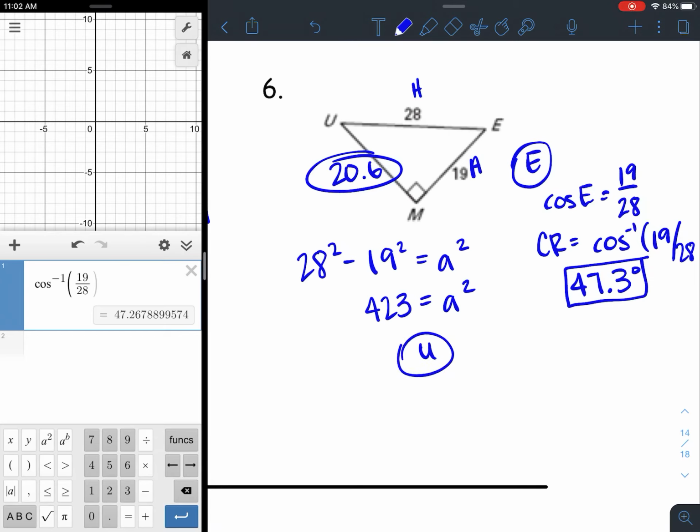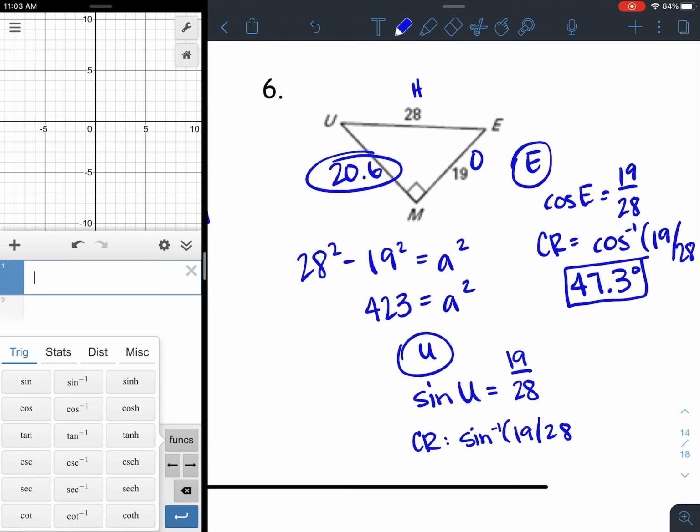So if I want to find angle U, now I've got the opposite and the hypotenuse, so I'm going to use sine. The sine of angle U is equal to the opposite, 19, over the hypotenuse, 28. And calculator ready for that is going to be the sine inverse of 19 over 28.